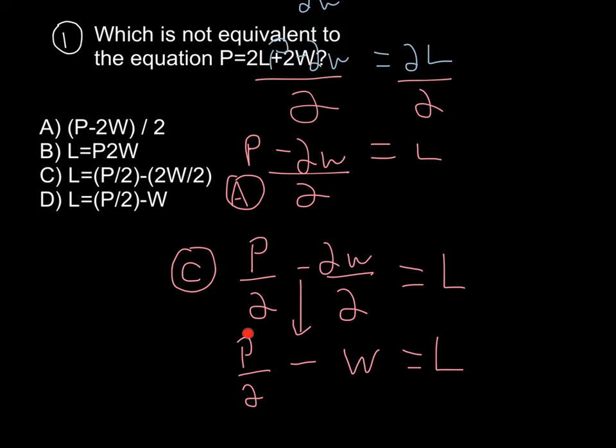And looking at this, P divided by 2 minus our W leaves us with this looking a whole lot like answer D. So if we've got A here, C here, and D here, you know that the correct answer has to be this value right here. So which one is not equivalent to the equation? It's B.